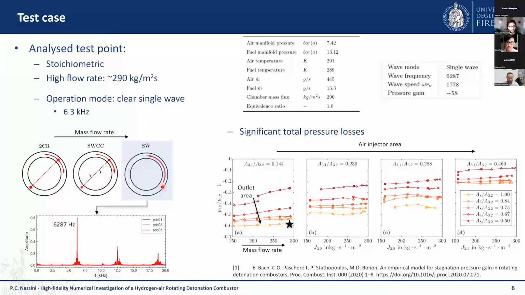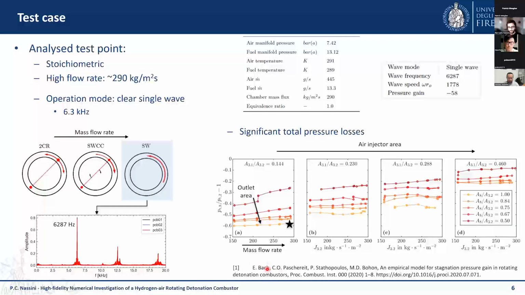Of course, this combustor has the possibility to operate in different wave modes, but in this specific condition, we have a clear single wave propagation. So a single wave is moving inside the combustor, rotating at 6.3 kilohertz inside the annulus.